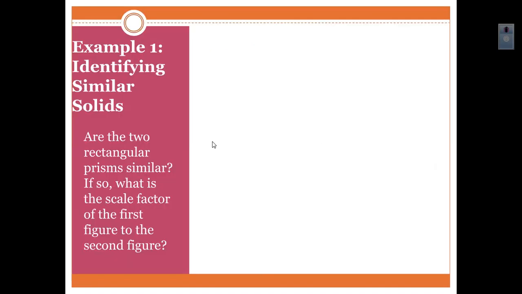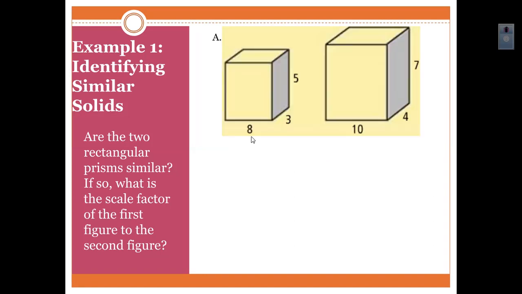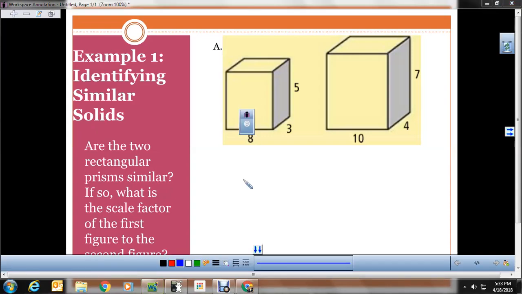So let's take a look at identifying whether two objects are similar. Part A: are these two rectangular prisms similar? If so, what is the scale factor? In order to do this, we're going to find our corresponding sides. We have 8 as the front here, 10 as the front over here, so we compare 8 to 10.